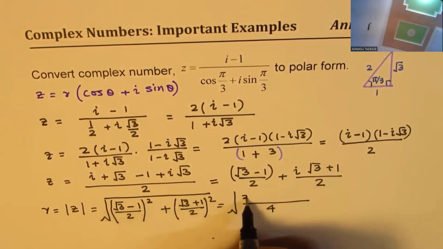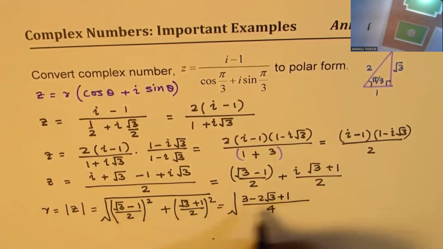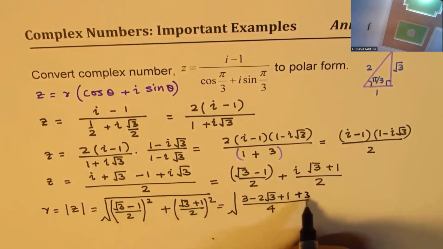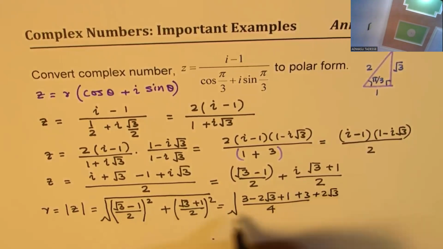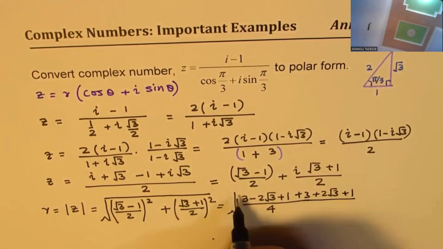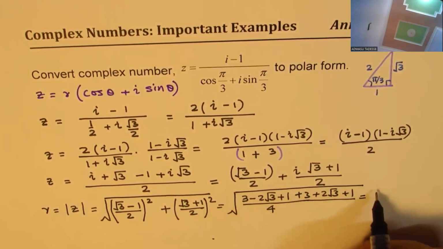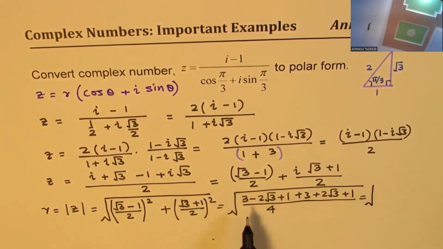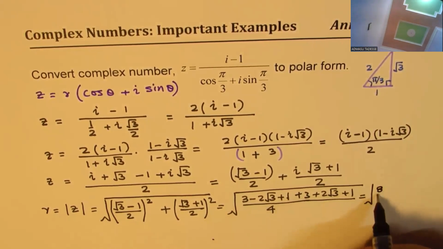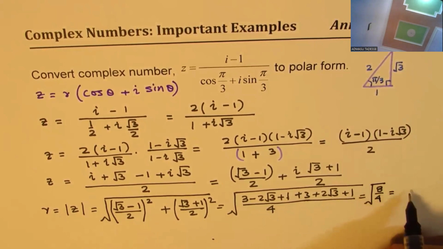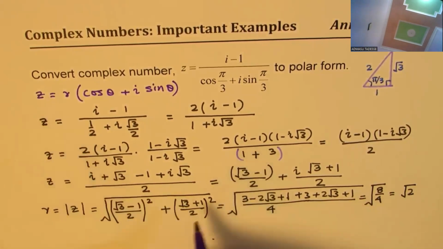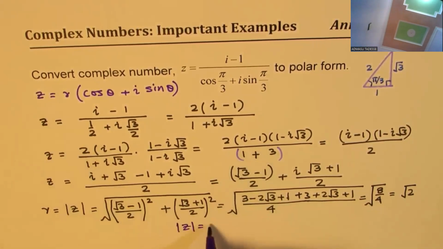You get 3 minus 2 square root 3 plus 1, and here you get plus 3 plus 2 square root 3 plus 1, correct? That gives you 3 plus 3 is 6, plus 1 is 7, plus 1 is 8. These two cross terms cancel. So we get square root of 8 over 4, which is square root of 2. So we found that the magnitude r is square root of 2.